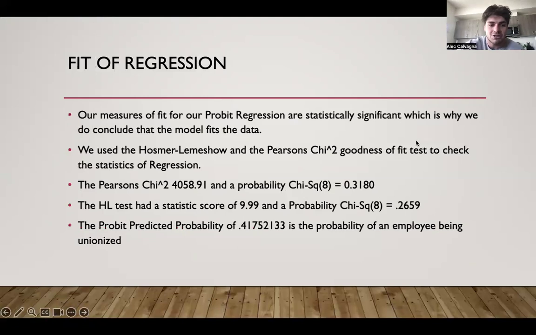For our fit of regression, our measure of fit for the probit regression showed that it is statistically significant, which is why we conclude that the model fits the data.